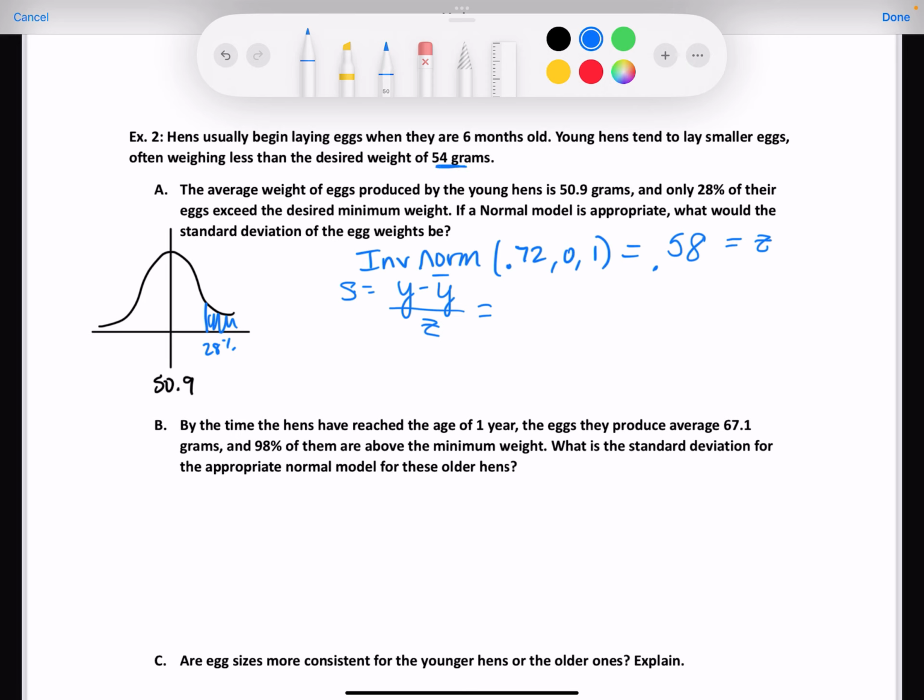So 54 minus 50.9 divided by the z of 0.58. And that's going to give us our standard deviation in grams. 5.34. So we've got a standard deviation of 5.34 grams.